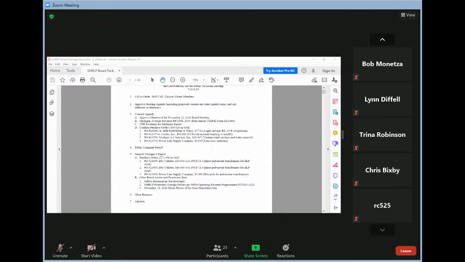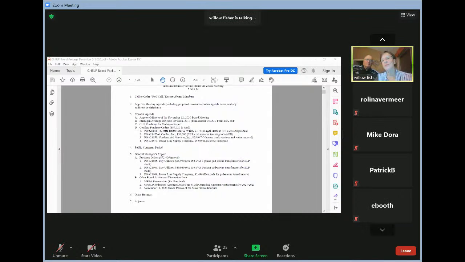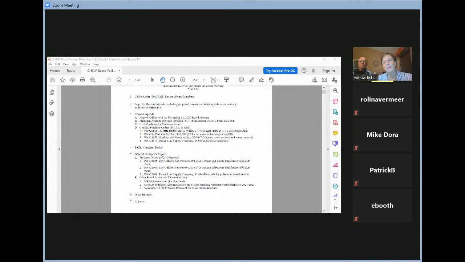Okay. I am Willow Fisher at 17567 Park Place Circle in Spring Lake, also on the other side of Coast Guard Park. We bought this property specifically for the trees, etc. I have concerns that if we have a clear cut, the worth of our property will go down considerably.